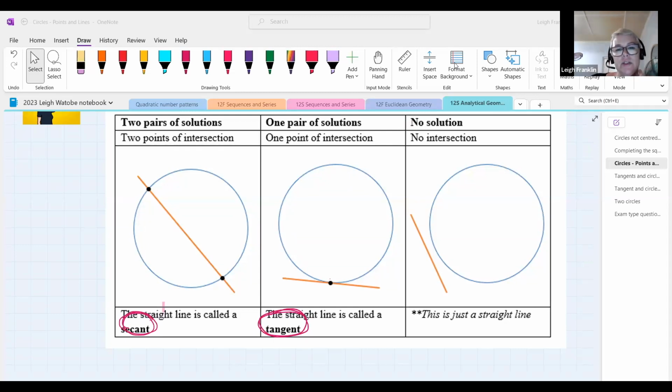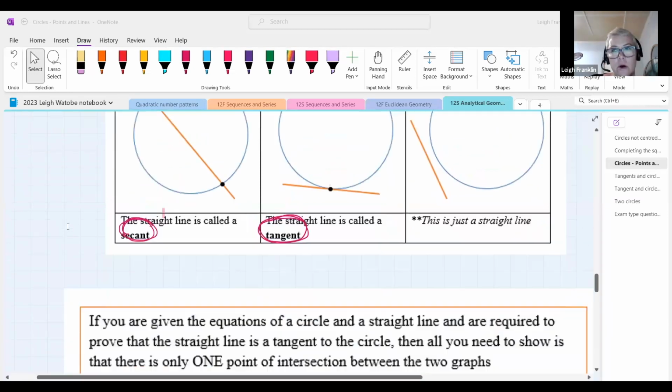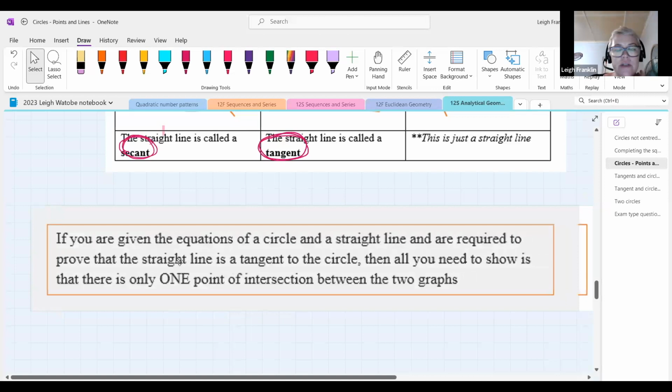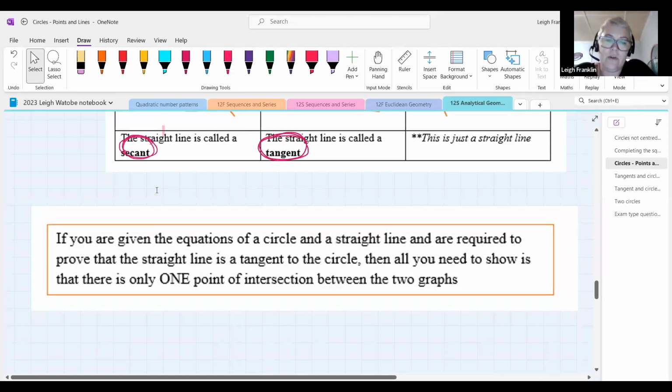So screenshots, everybody. These points here are important. I'm going to move on to the next thing now. Another piece of important information that I suggest you screenshot: if you are given the equations of a circle and a straight line, and you are required to prove that the straight line is a tangent to the circle, then all you need to show is that there is only one point of intersection between the two graphs.